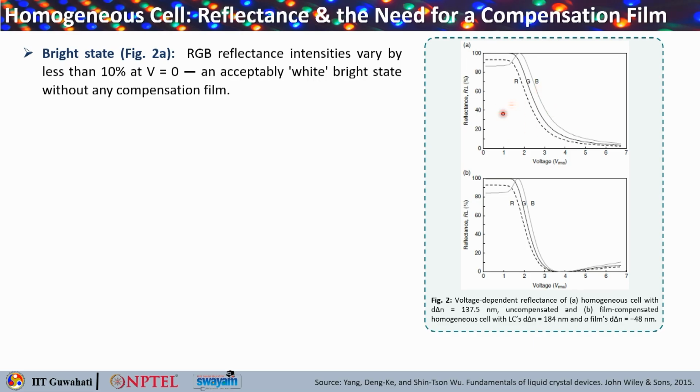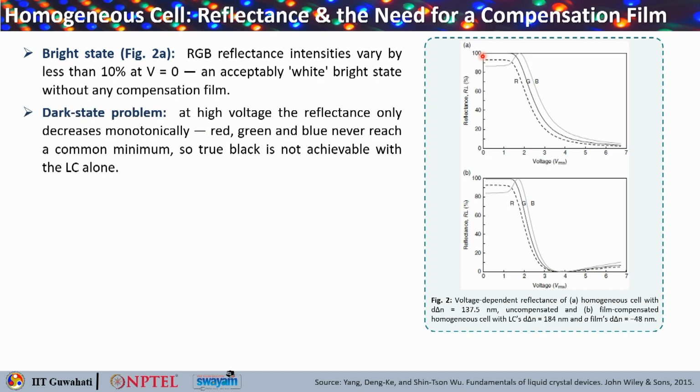What you see here is that the RGB reflectance intensity varies by less than 10% at V equals 0, so they are within this range, and this is an acceptably white bright state without any compensation film.